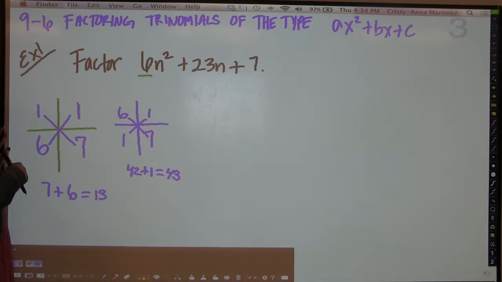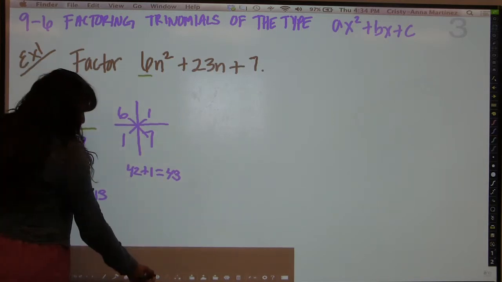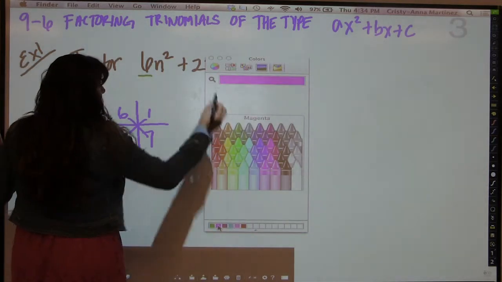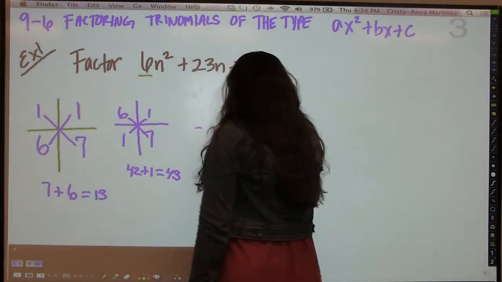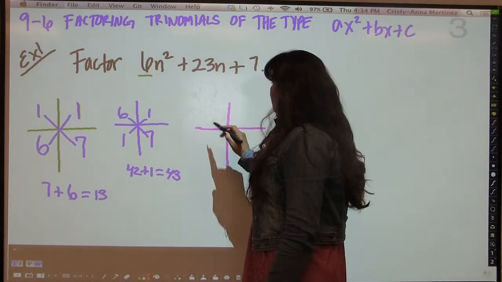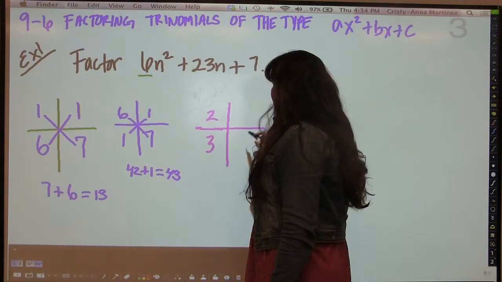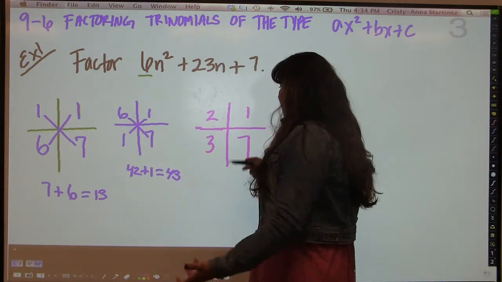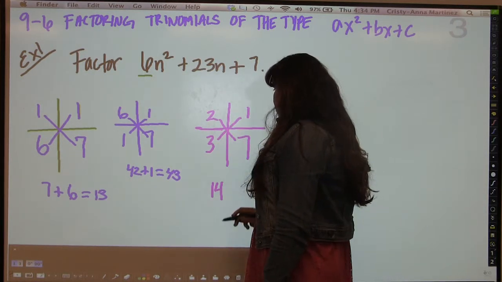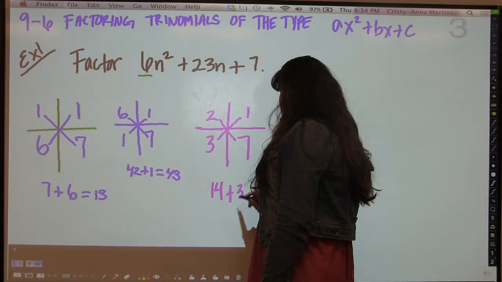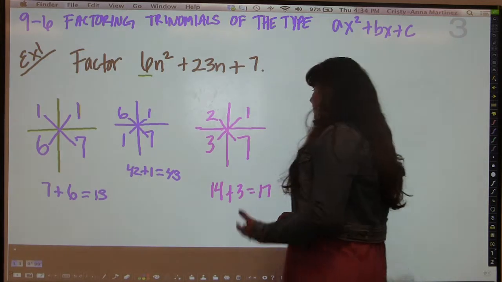So now I'm going to move on to another option, which is going to be, what if I try 2 and 3 instead of 1 and 6? So now I'm going to put 2 and 3 here, and this is still going to be 1 and 7, and I try it again. 7 times 2 is 14, 1 times 3 is 3, 14 plus 3 is 17, so still not there.